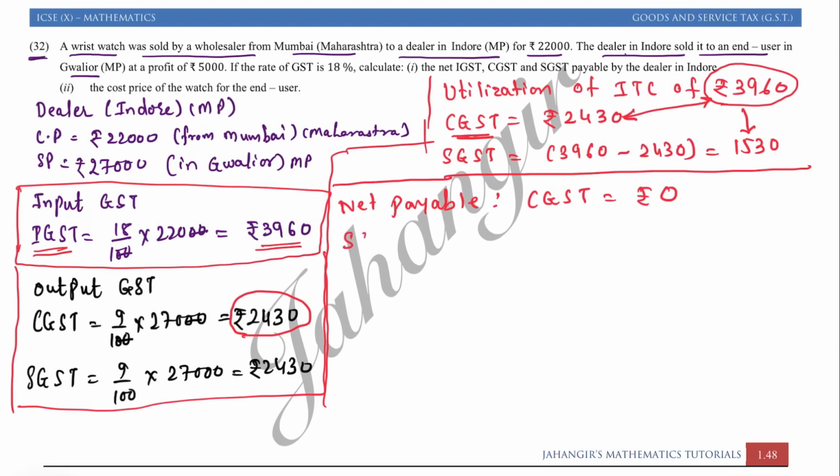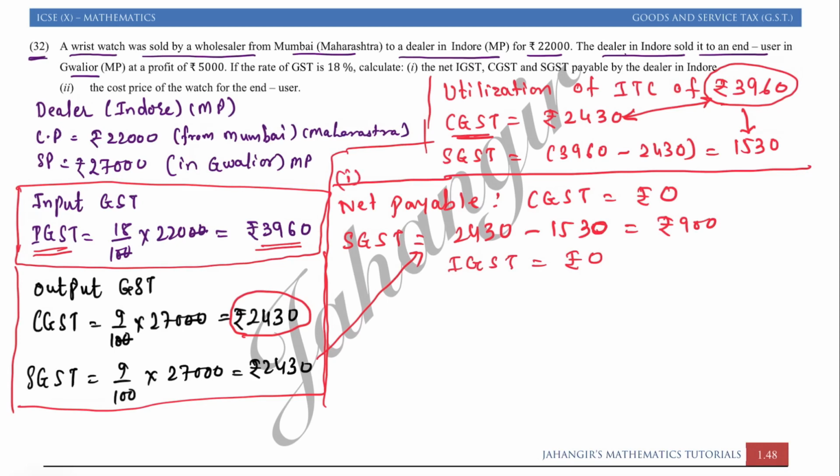And now SGST. In SGST we need to pay 2430. Out of that 1530 had already been taken from the central government. So the remaining rupees 900 is payable by the dealer to the state government, and obviously IGST will be 0, that is rupees 0. So the first part adjustment has been done.